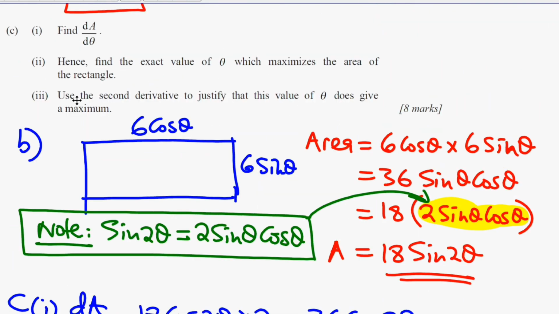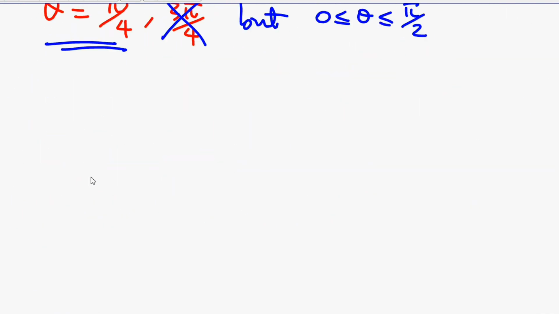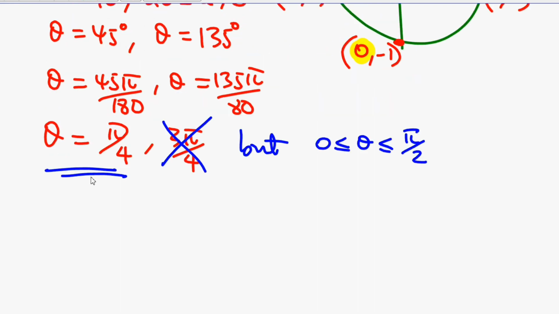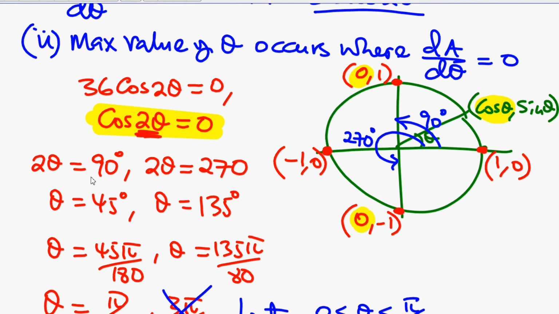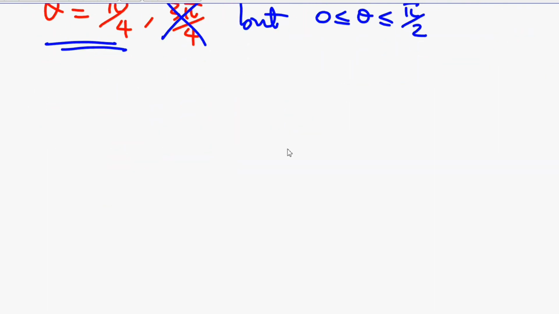Use the second derivative to justify that this value of theta does give us a maximum. So we need to use the second derivative. The first derivative is here, so we need to differentiate that to get the second derivative. This is now part 3.